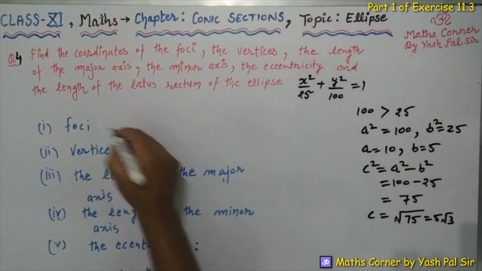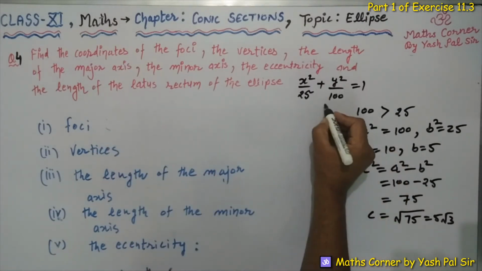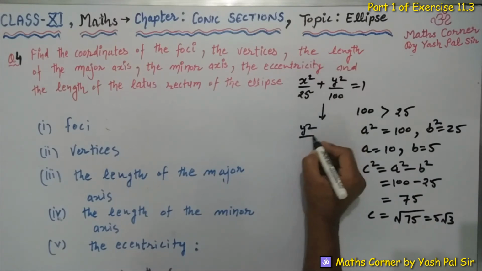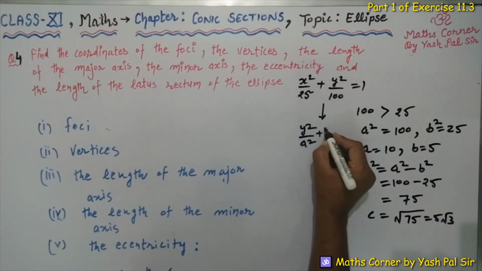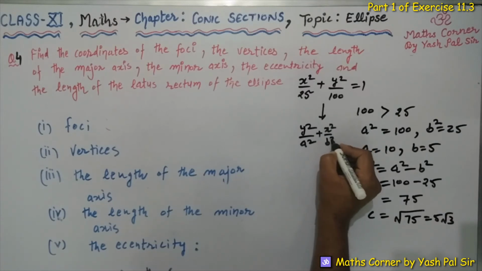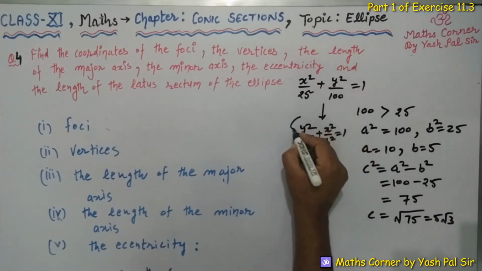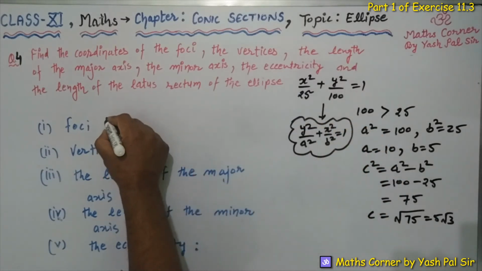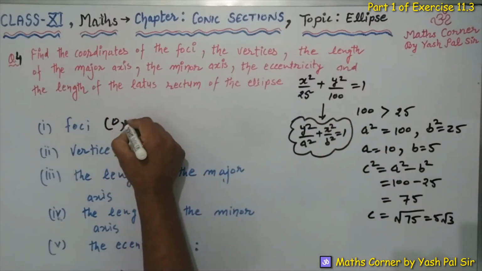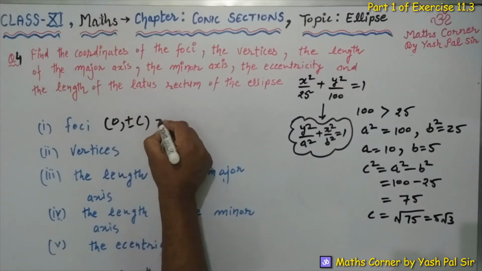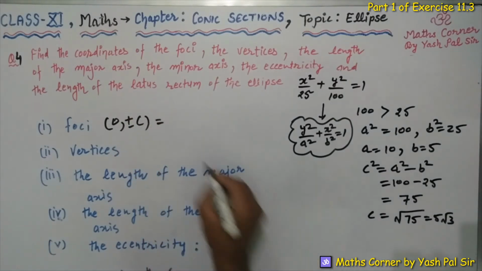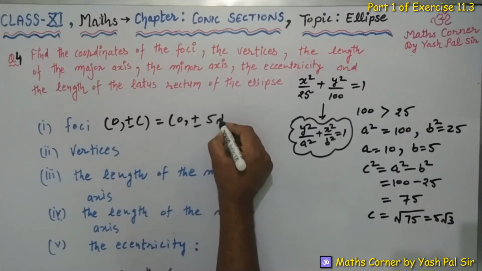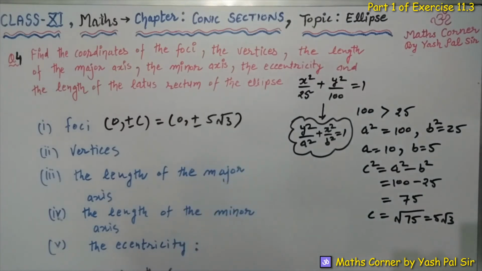Now foci. This equation is of the form y square upon a square plus x square upon b square is equal to 1. So what are the foci in this case? 0 comma plus minus c, which becomes 0 comma plus minus 5 square root of 3.